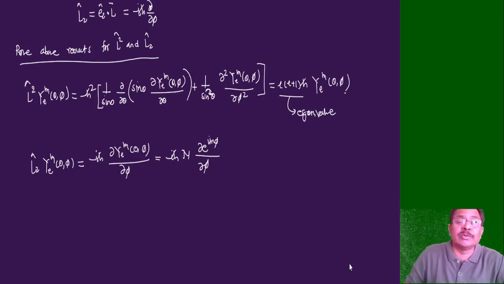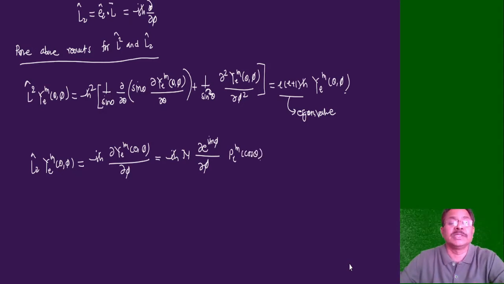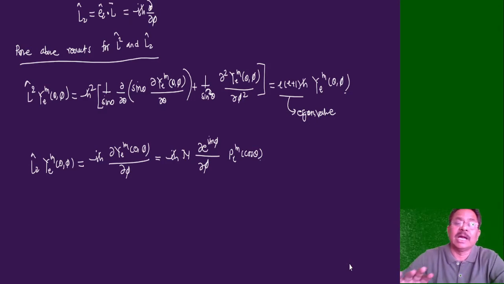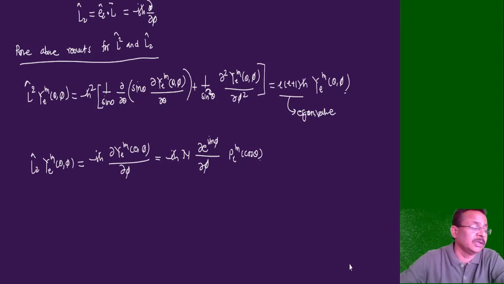Now I am writing this as P_l^m of cos theta. So once again, we are operating this partial derivative with respect to phi on Y_lm(theta, phi), and we get this type of product because Y_lm(theta, phi) we have already written, and using that we get the solution of the function here.